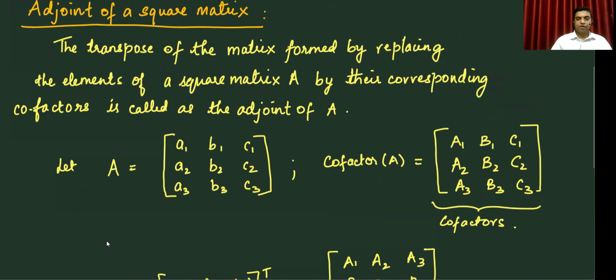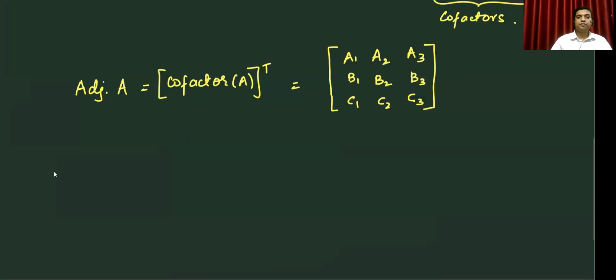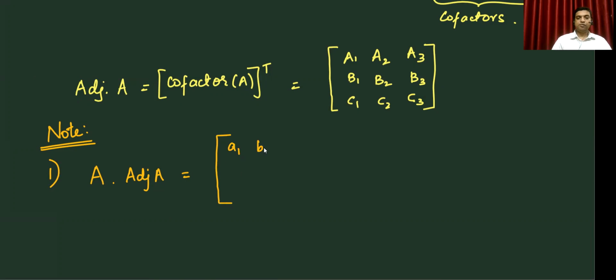Now a very important property. Note: what is A into adjoint A? A1, B1, C1, A2, B2, C2, A3, B3, C3 multiplied by the adjoint, which has capital A1, B1, C1 column-wise.